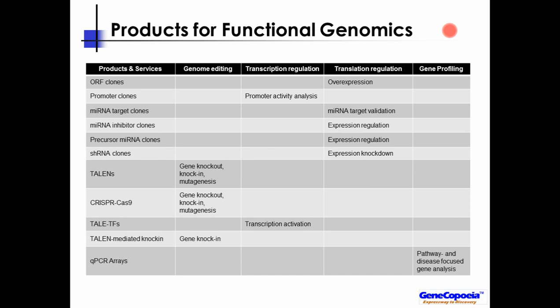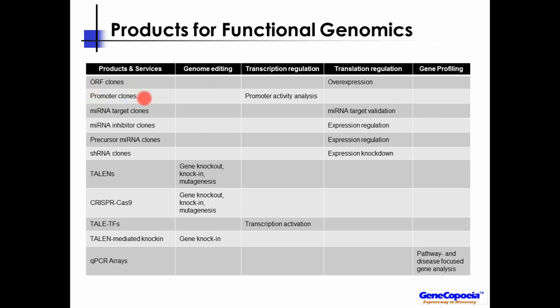So we have a vast product line at GeneCopoeia for products for functional genomics. And the first one, which is going to be the main focus of this talk, is ORF clones. And this is how GeneCopoeia was founded, on this product line and what we're most known for. But since then, we've added a number of interesting product lines that are usually related in one way or another to ORF clones.